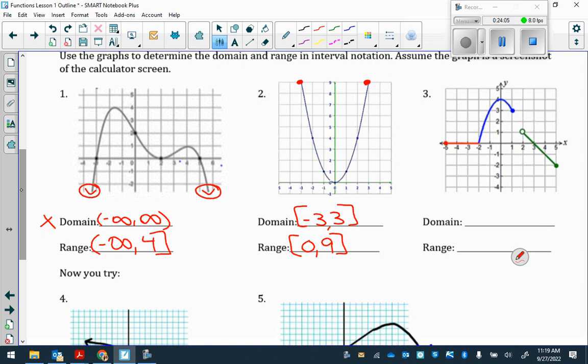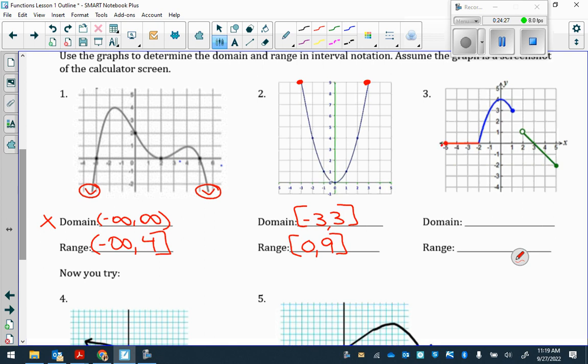Let's look at number 3. Okay. Looking at our domain, what would we have? Julia? Be careful, there is a point.